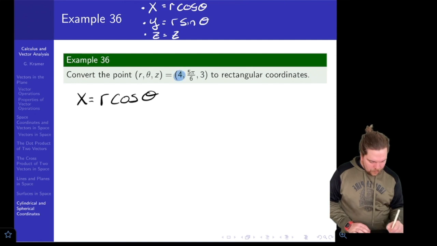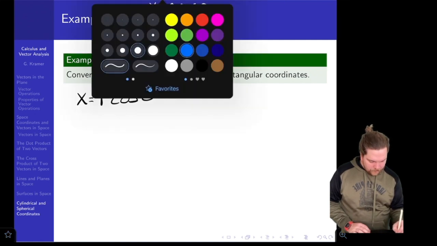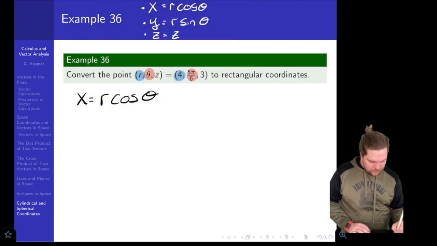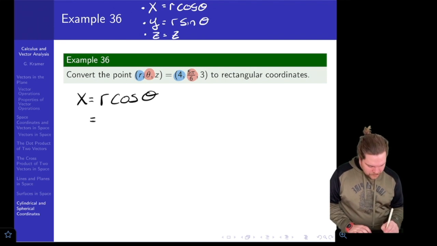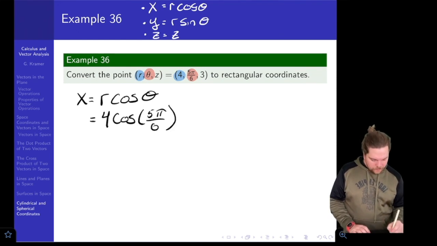Well, remember, r is the first coordinate, and theta is the second coordinate when we're representing points in cylindrical coordinates. So x is just going to be 4 times cosine of 5 pi over 6.